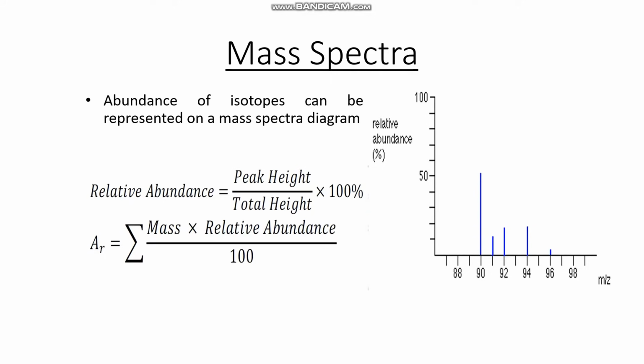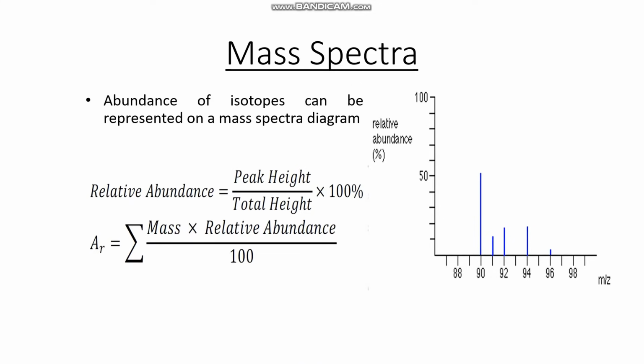And as we know, an element can have multiple isotopes, and we can show the abundance of the isotopes in the mass spectra diagram. And in the A-level syllabus, we need to solve problems that are related to the formulae shown on the screen.